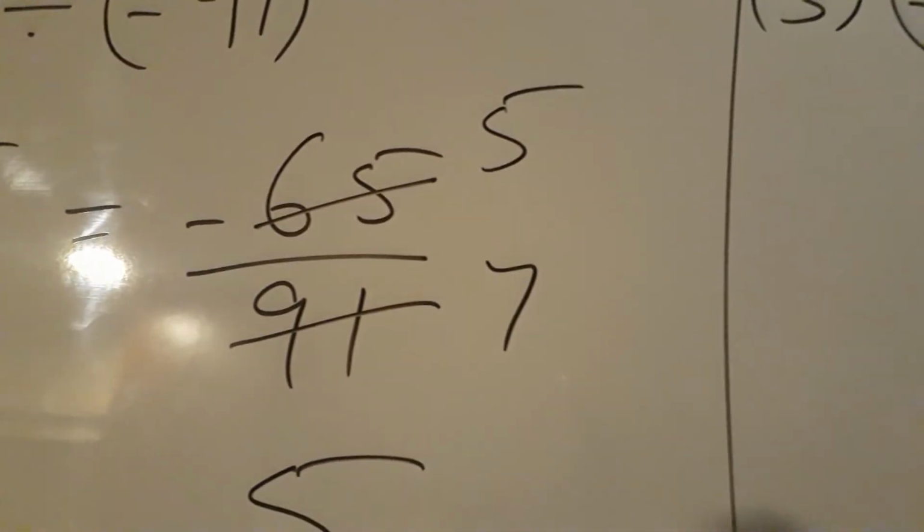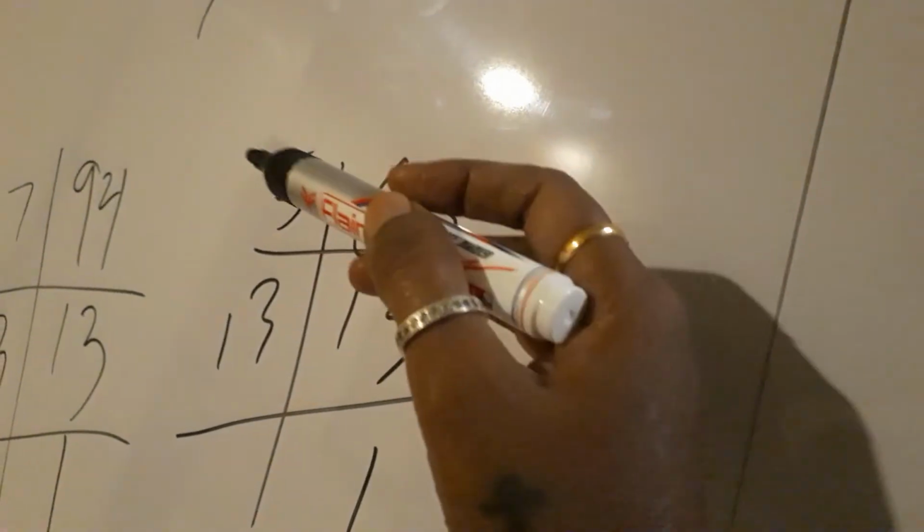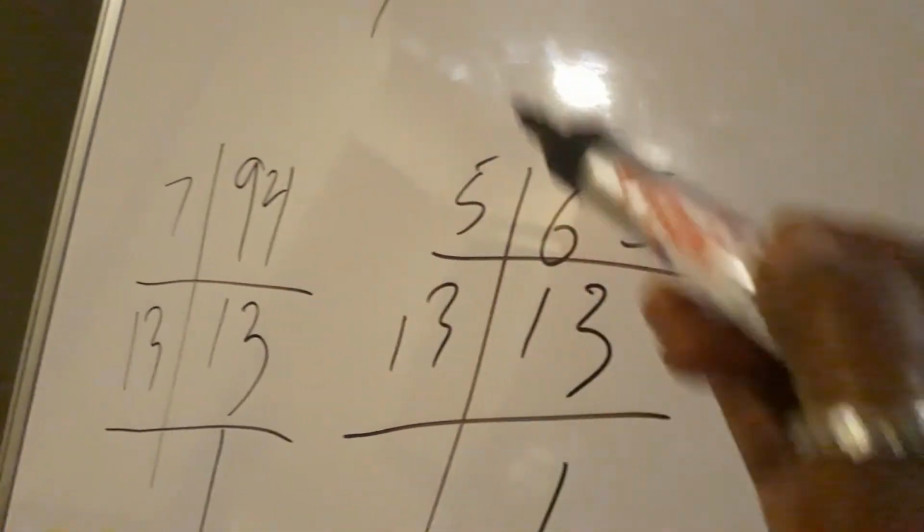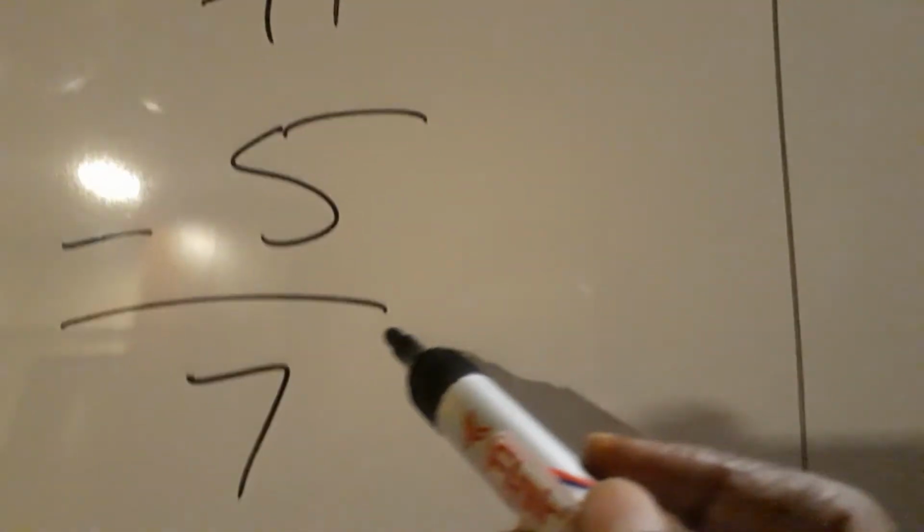So it gives me minus 5 upon 7. Look at it. Minus 65 upon 91. I showed you how to find it out with the prime factor method. So 13 fives give me 65. And 13 sevens give me 91. So here it is. After cancellation, we get the answer minus 5 upon 7. This is what is required.